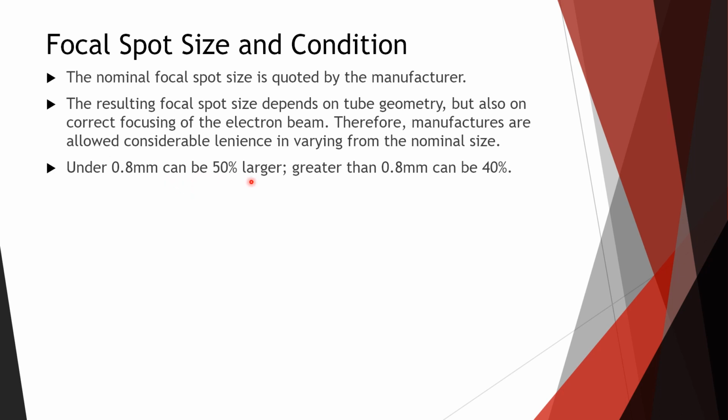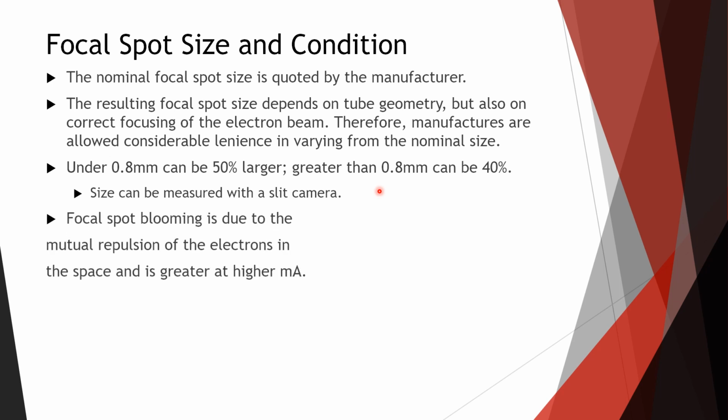Greater than 0.8 can be 40%. On all these other tests, there's 2% for the SID, there's 5% for the reproducibility, and things like that. On here, there's 50%, so that's a much wider range than any of the other tests we looked at so far. Size can be measured with a slit camera. So there's a thing called a slit camera that can measure the size.